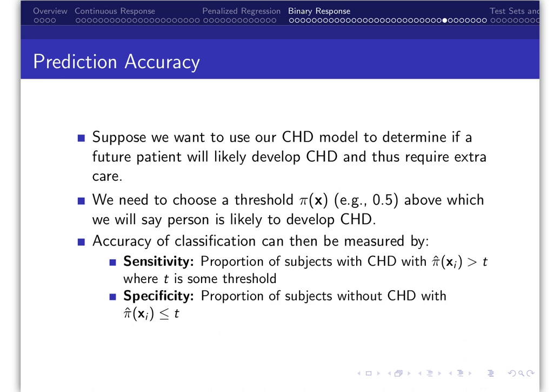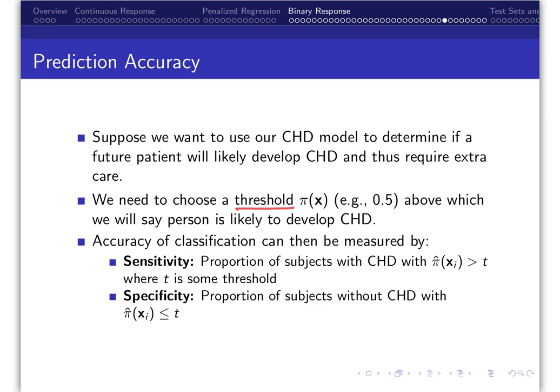Rather than examining probabilities, which range from 0 to 1, we often want to make a binary decision using the predicted probabilities, such as predicting the binary response of whether or not the patient will develop CHD. To make a binary decision, we need to choose a threshold above which we will say the person is likely to develop CHD.